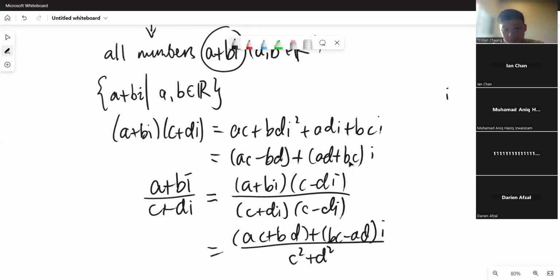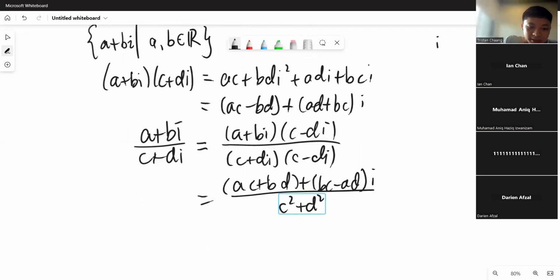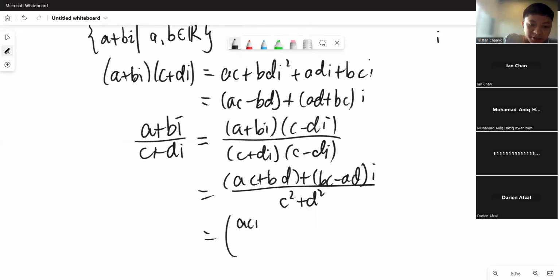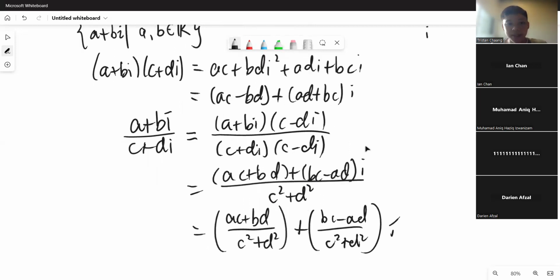So c squared plus d squared is a real number. So we can just literally write this as the fraction (ac plus bd) over (c squared plus d squared) plus the fraction (bc minus ad) over (c squared plus d squared) times i. So yes, again, it's in the form of a real number plus a real number times i.